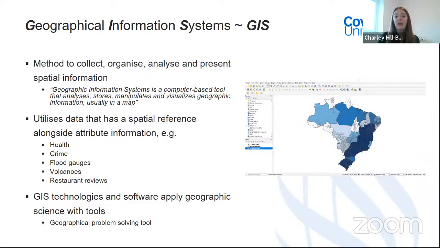So for me, GIS is very much a spatial problem solving tool, taking information in a spatial format and analysing the trends and the information contained within it.